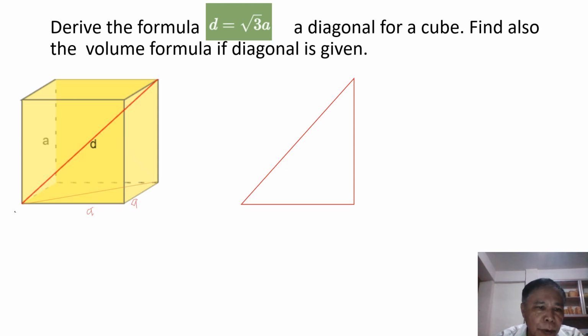So when we solve the diagonal for this cube, we form a right triangle. In this right triangle, this one is your D, the diagonal, and this one is your a, since that one is a cube.